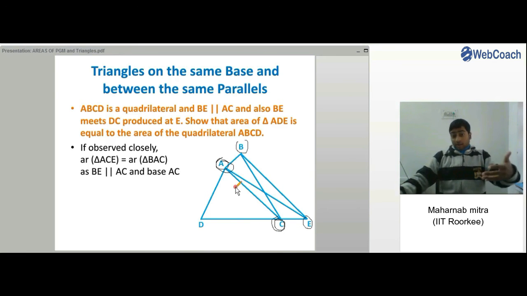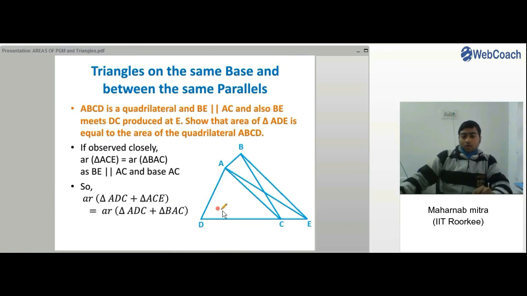Both of them have the same areas, right? So we have got one thing. Now let us look at this part which is common to both of these. This part ADC is common to both quadrilateral ABCD and to the triangle ADE, right? So let us use this common part now.